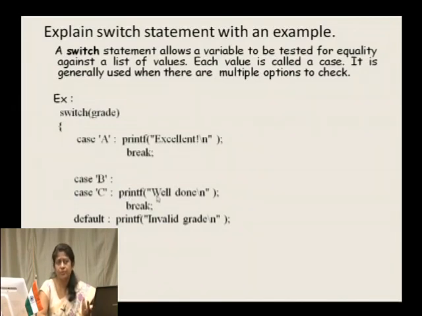It is going to print well done when grade is equal to B. If grade is equal to C, then also this statement is going to be executed. That has happened because we have not used a break statement in this particular case value. And the default statement is going to be executed in case this particular switch expression does not match any of the switch case values.